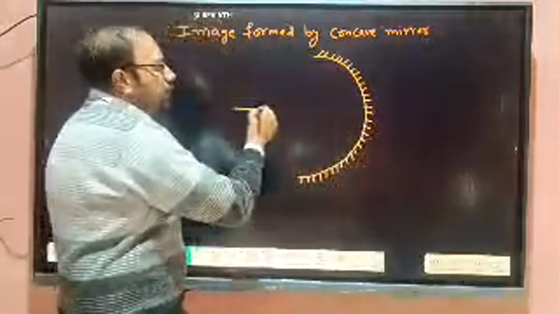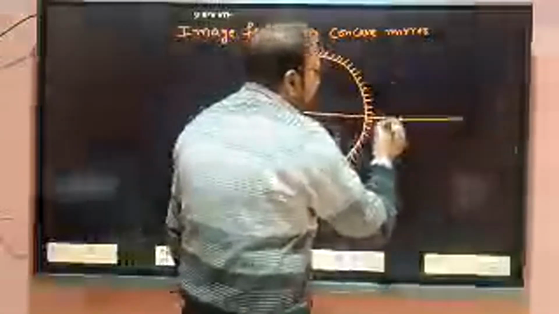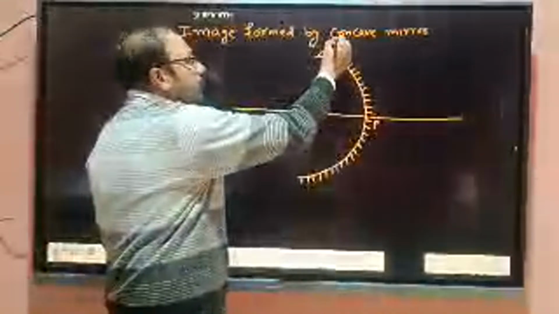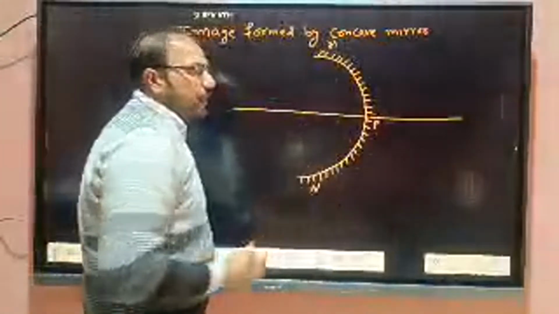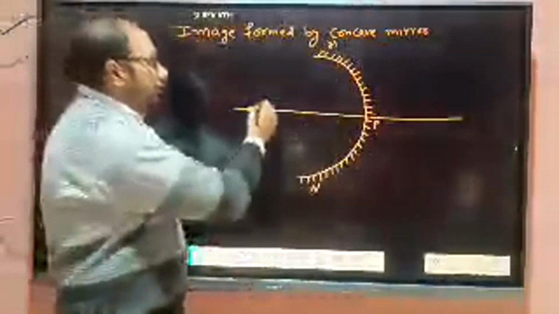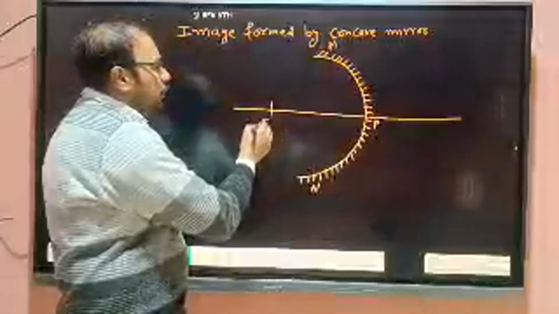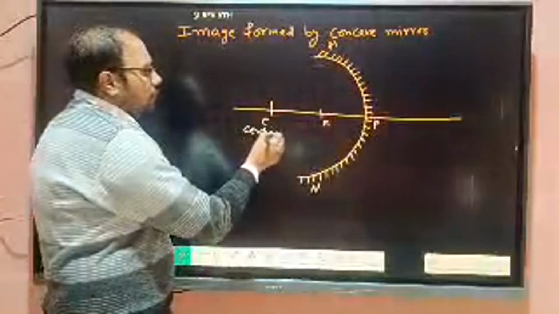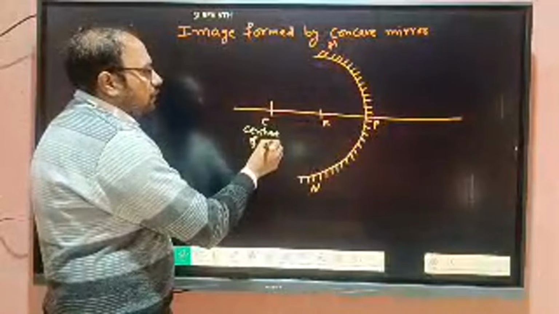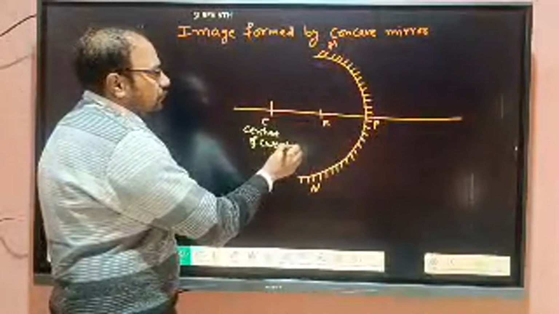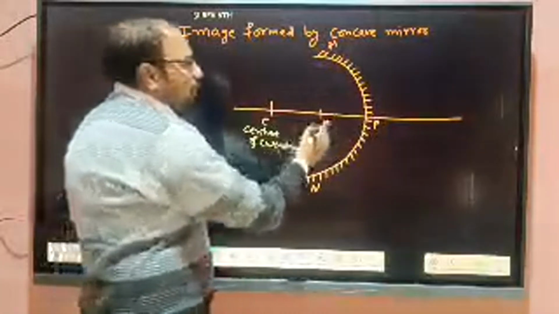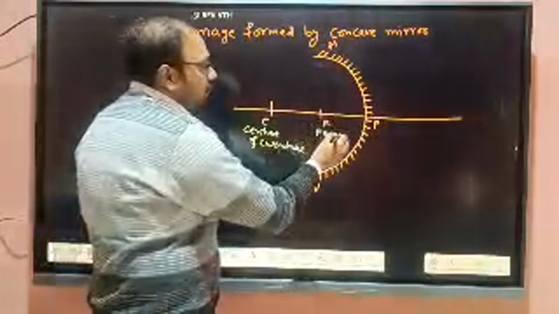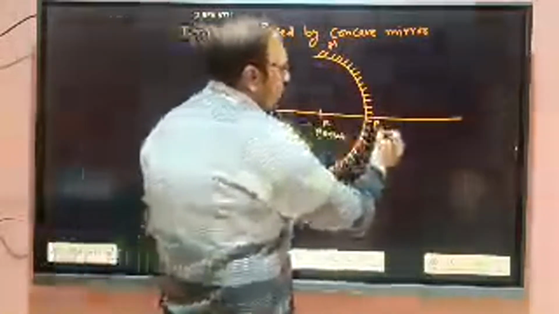Here this is the principal axis passing through the pole. MN here is the aperture, and this is C, the center of curvature. This is known as the focus, and this is known as the pole.